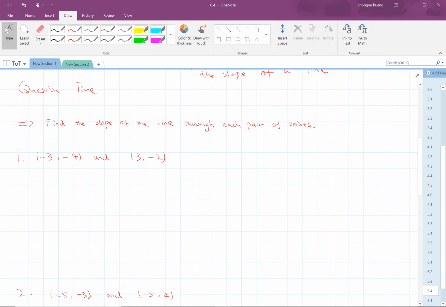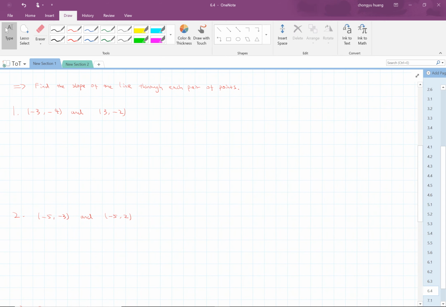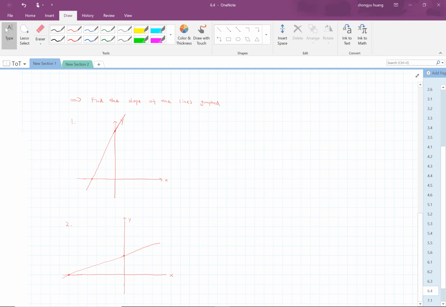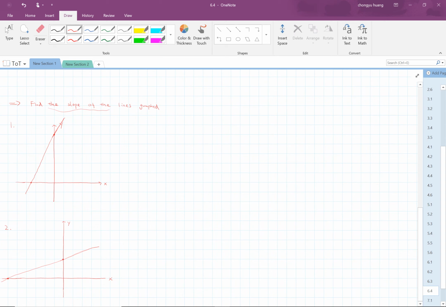This section is not really difficult; it's basically some calculation of the slope. I have 2 questions about finding the slope of a line, and 2 other questions also about finding the slope, but a little bit different.